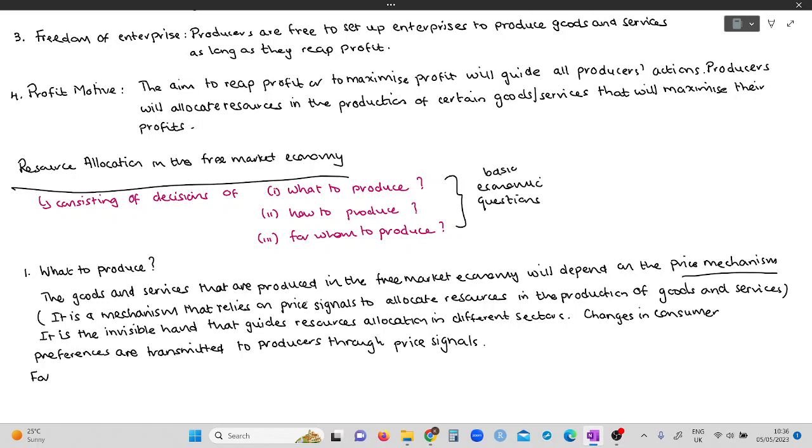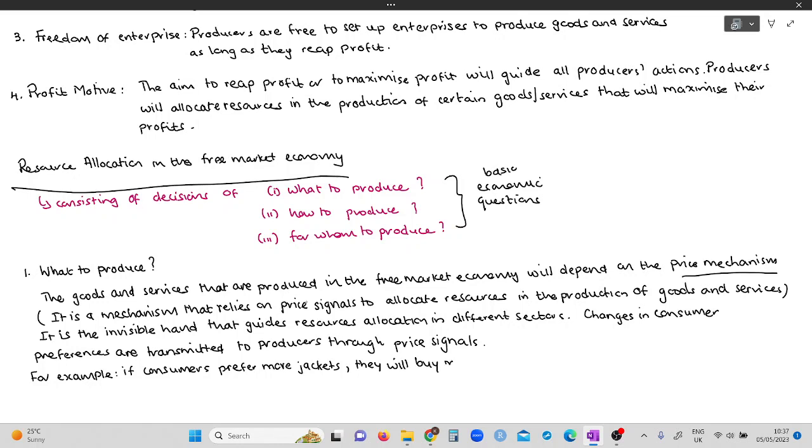For example, if consumers, during winter seasons, prefer more jackets, donc, un pull, un jacket, whatever, they will buy more, bien sûr. In effect, maintenant, une nouvelle mode, whatever, they will buy more of that product.